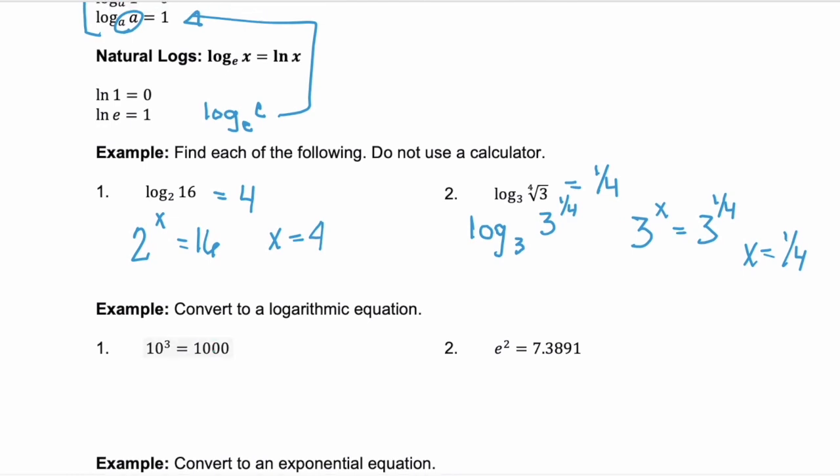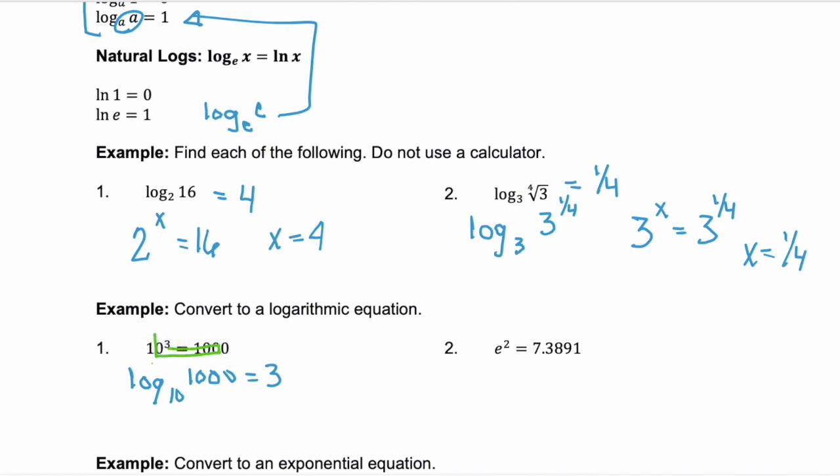Okay, here we're going to convert a couple other logarithmic equations. 10 cubed equals 1,000. This can be written as log base 10 of 1,000 equals 3. The way I convert from an exponent to a log is to draw an L. I start at my base, and then I go to the number that it's equal to, come back to the equal sign, and then the exponent.